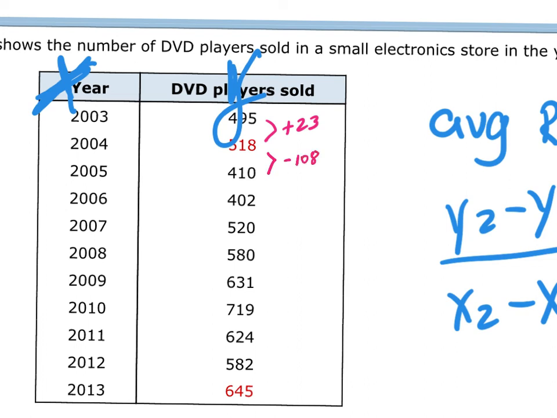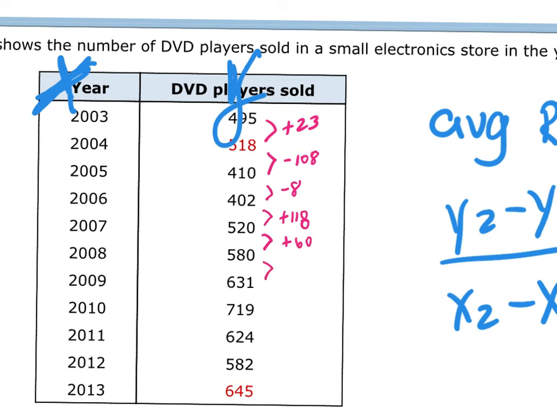So now I go from 402 minus 410, which would be negative 8. From 520 to 402, subtract 520 minus 402, gives me plus 118. From 520 to 580, well, 80 minus 20 is plus 60.